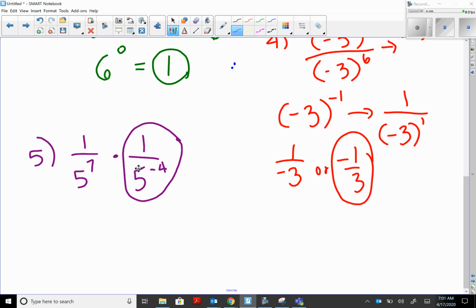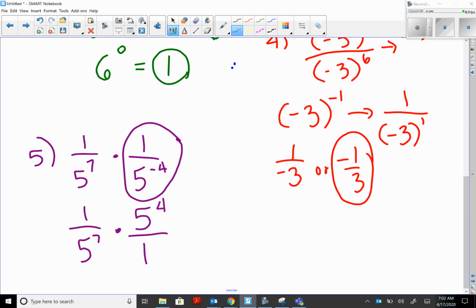Just like when you learned about dividing fractions, it ends up being a multiplication problem by the reciprocal. All you're doing is flipping the fraction. So when I flip the fraction to get rid of that negative exponent, it becomes 5 to the positive fourth over 1. Okay, so that got rid of the negative.